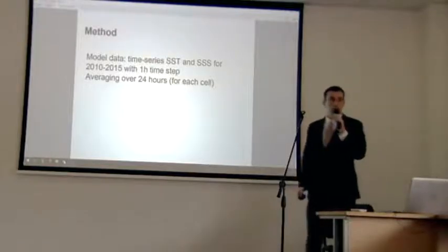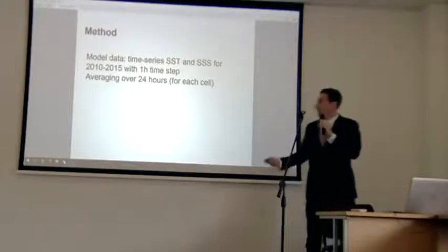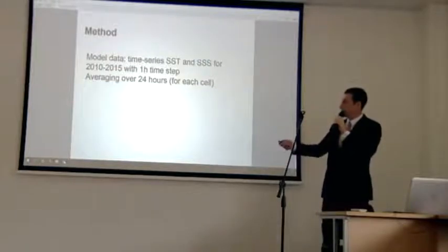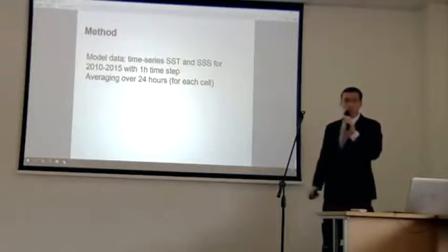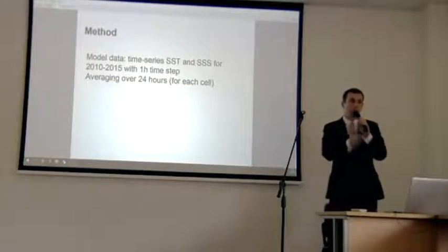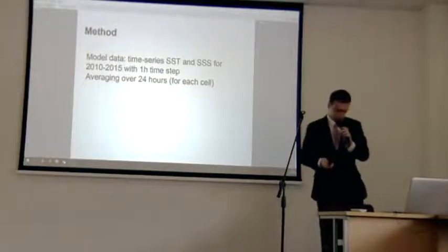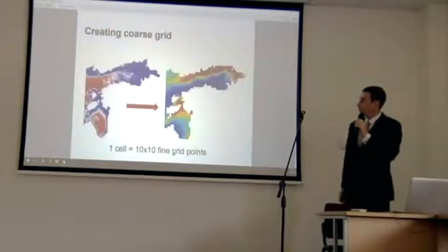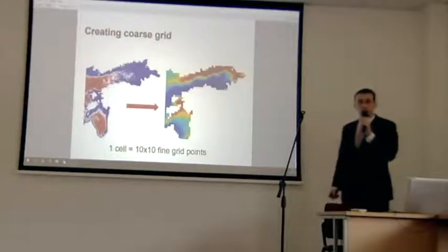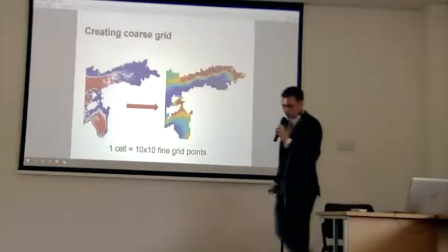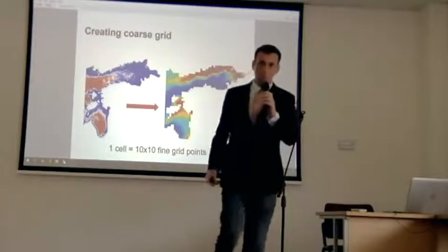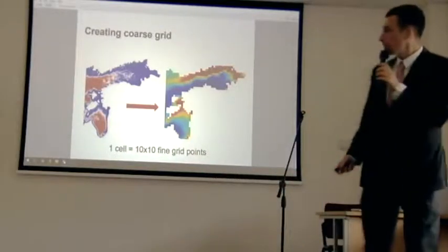empirical orthogonal functions. We have taken the data, averaged over 1 day, so we had daily data. Then we created a very coarse grid to minimize the number of points.